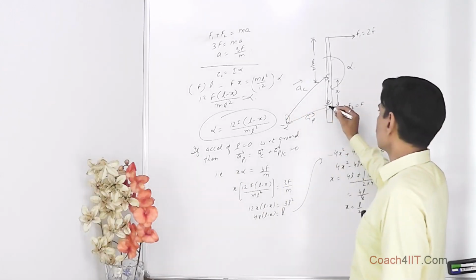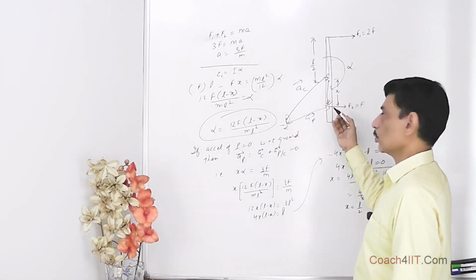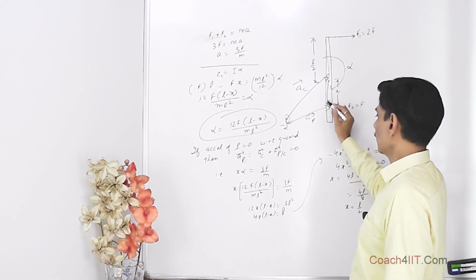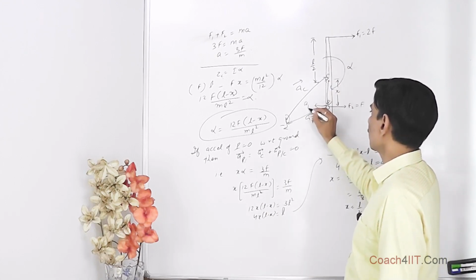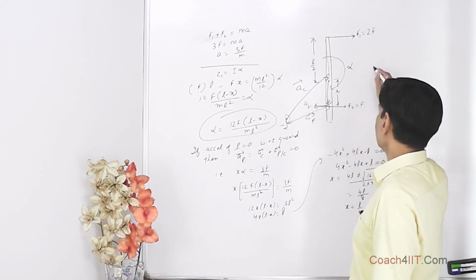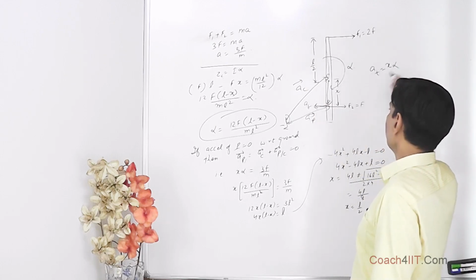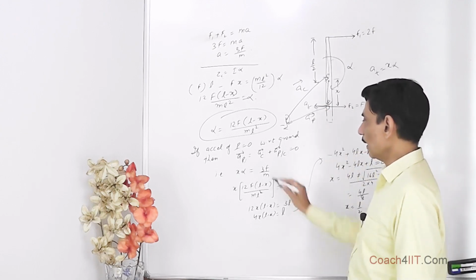Now what is the acceleration of P with respect to C? That is going to be equal to R alpha, that is x into alpha. It is rotating in this direction, so A tangential will be in this direction, and A tangential is equal to R alpha.